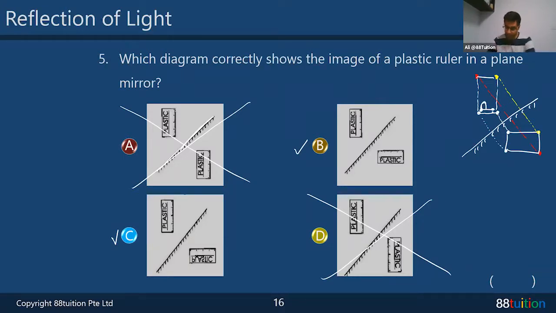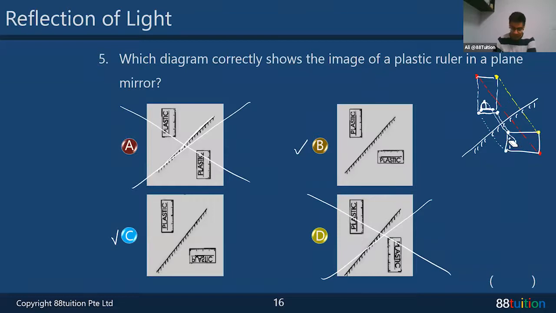Okay, now this line will go and form this line here because this line is parallel to the ruler. So therefore you get here. And this one is further away. So if you calculate, it is also further away. So the P is going this way, not going this way. Okay, so therefore our answer for number 5 is C or B.